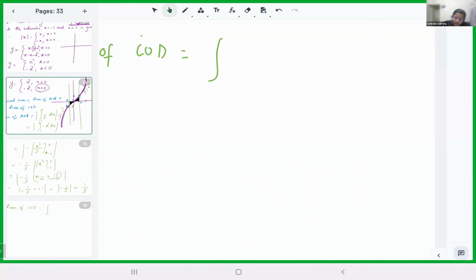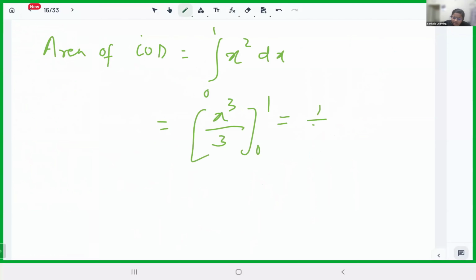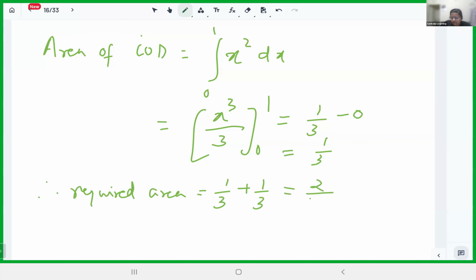So the integral from 0 to 1 of x square dx gives x cube by 3 from 0 to 1, which means 1 by 3 minus 0, that is equal to 1 by 3. Therefore, the required area is equal to 1 by 3 plus 1 by 3, that is 2 by 3 square units.